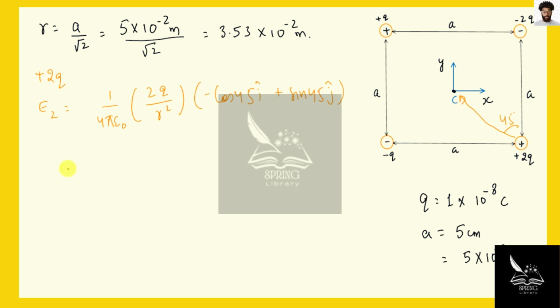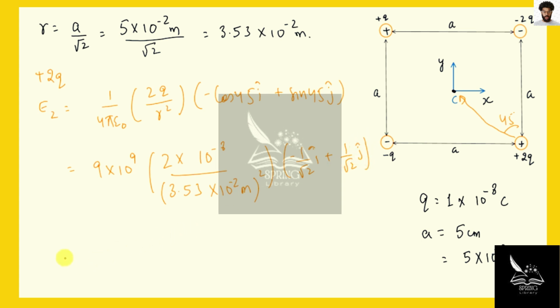Now I'm going to put the values. So this value 1 over 4 pi epsilon naught is 9 times 10 to the power 9, multiplied with 2 times q we have this much, so 10 to the power minus 8 divided by r square is this much, so 3.53 times 10 to the power minus 2 meter whole square, and cosine 45 is 1 over root 2, so minus 1 over root 2 i cap plus 1 over root 2 j cap.